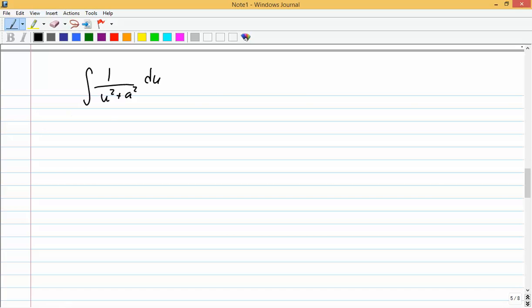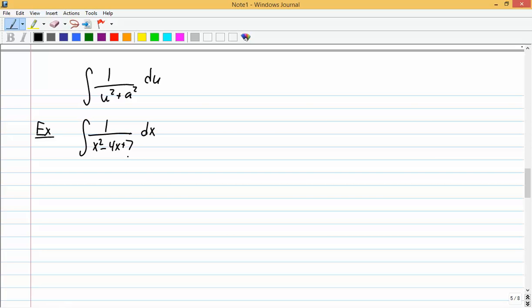So for example, if you ever see the integral of 1 over a quadratic, it's not going to factor more than likely. It may not, but we don't want it just to factor as far as like one linear factor times another linear factor.